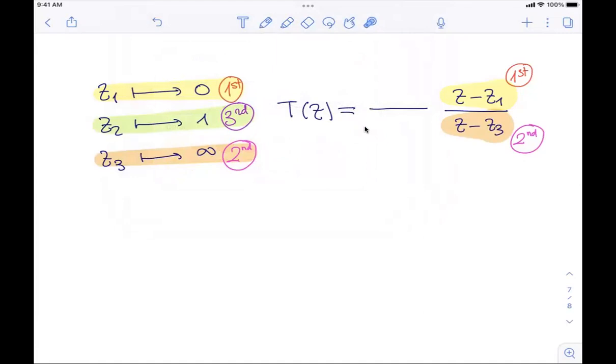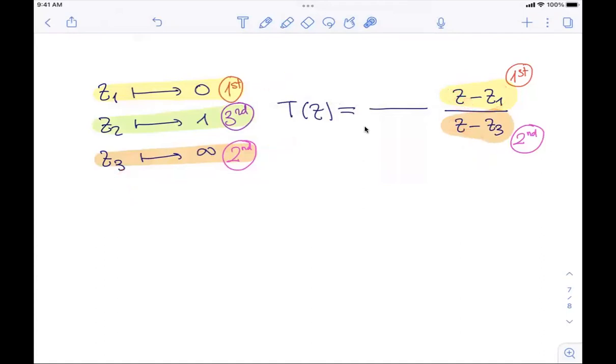If I evaluate z1 here and here, this is not 0, so it's okay. But this one here gives you a 0, so this one checks. Now, if I evaluate z3, okay, this is fine. This is non-zero, but this produces a division by 0, so we get infinity. So this one is also okay.